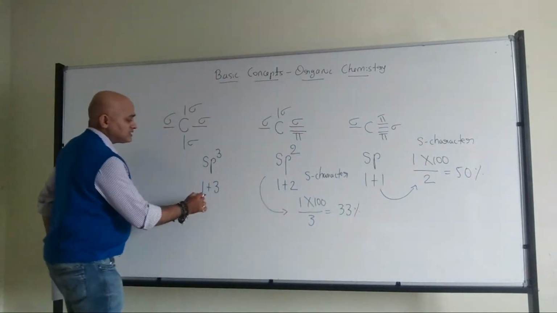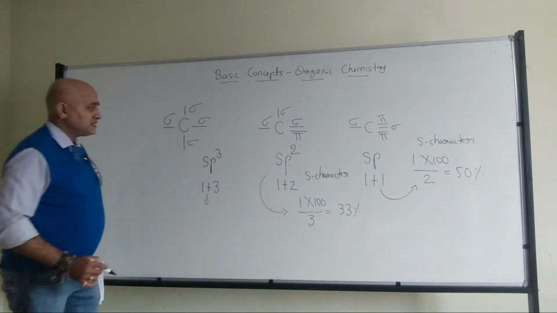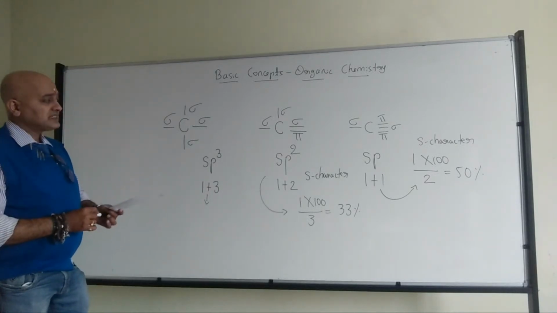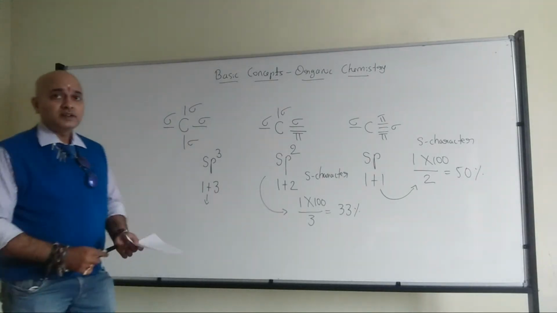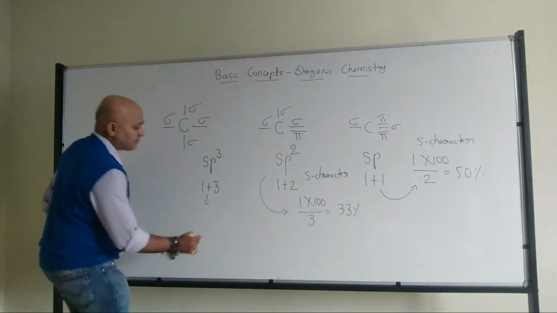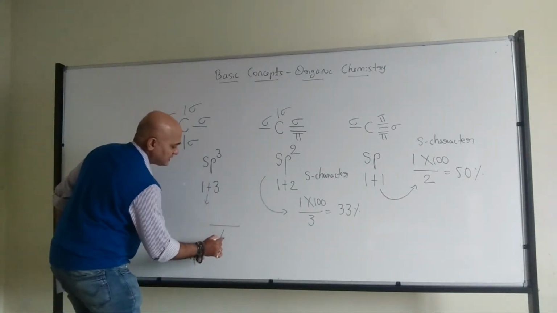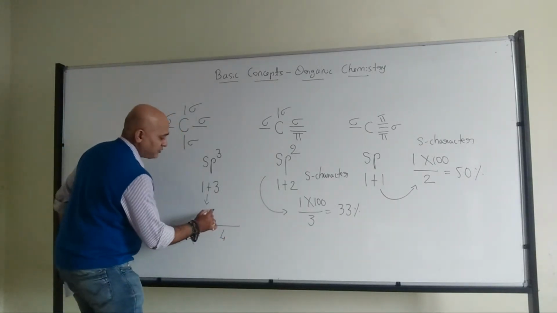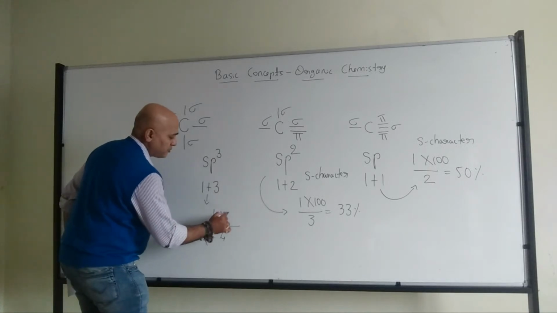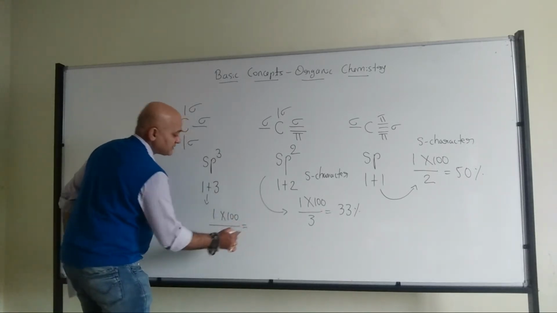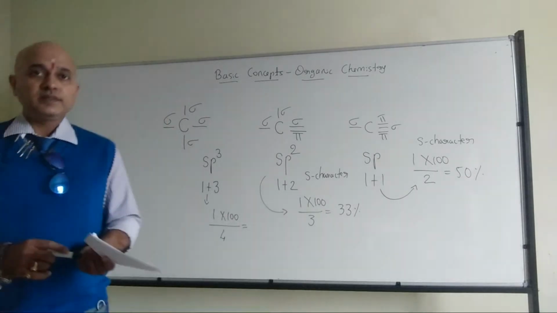So what about this one? What is the amount of s character? The total number of hybridized orbitals is 4, and in that there is only one s character. What about for 100?